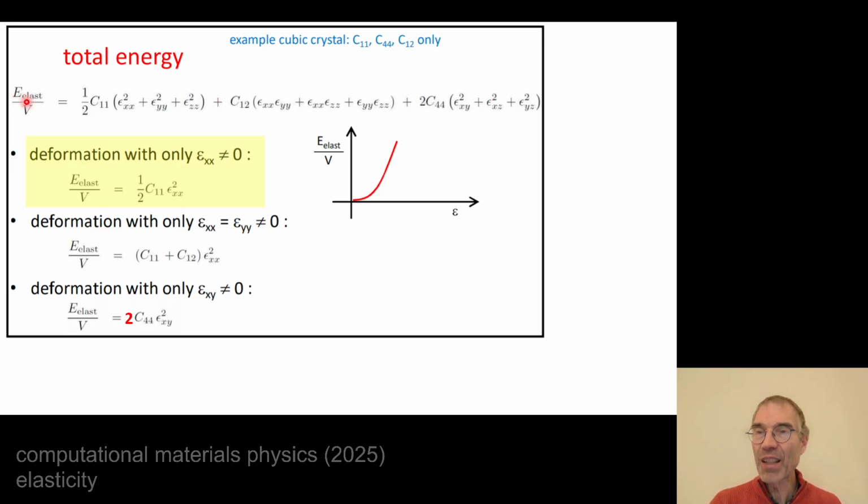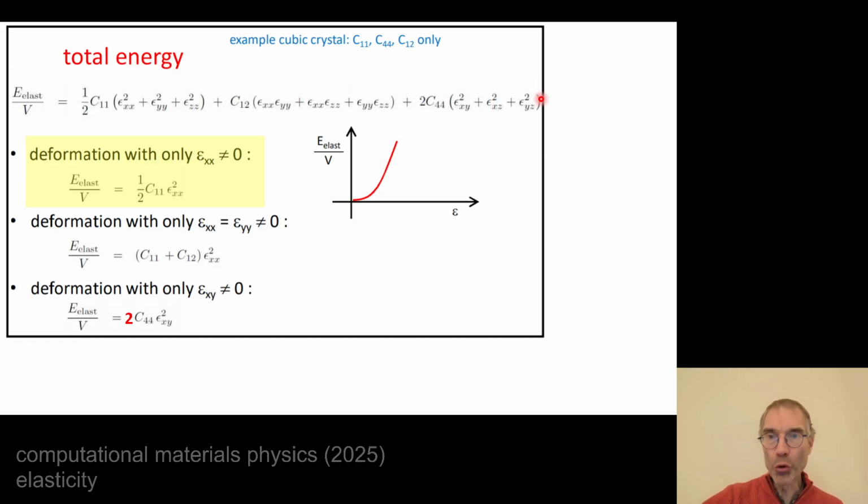That's the elastic energy. So you can write the elastic energy density, and that one depends, for a crystal with the symmetry of FCC, where you have only the C11, C12, and C44 elastic constants. Well, that long matrix expression for the energy density reduces to this expression.